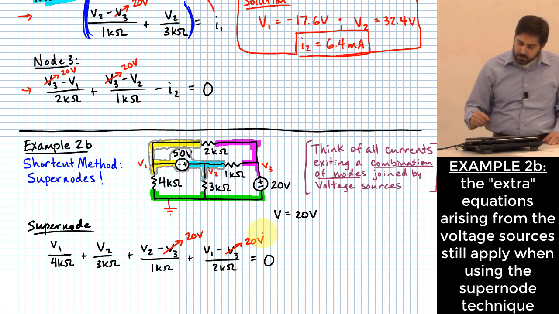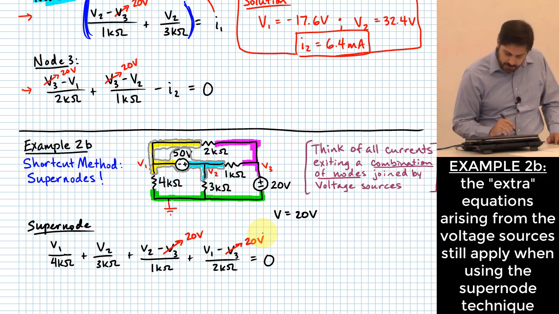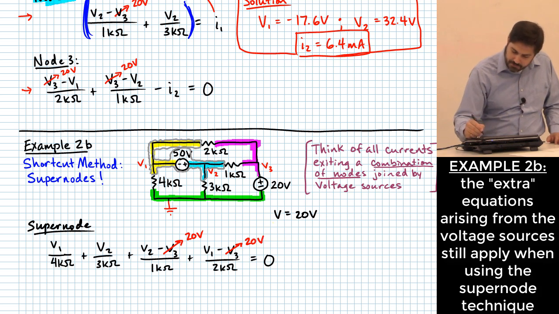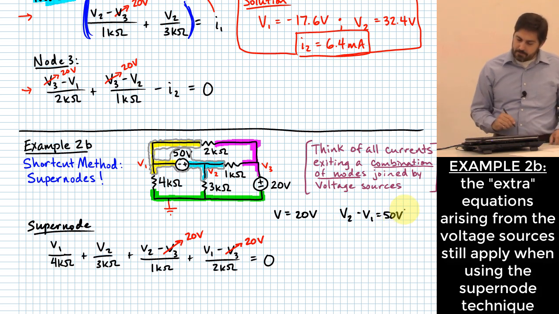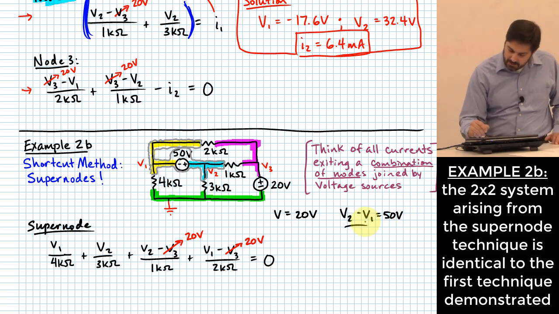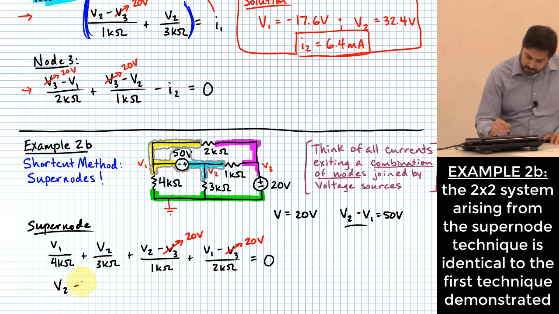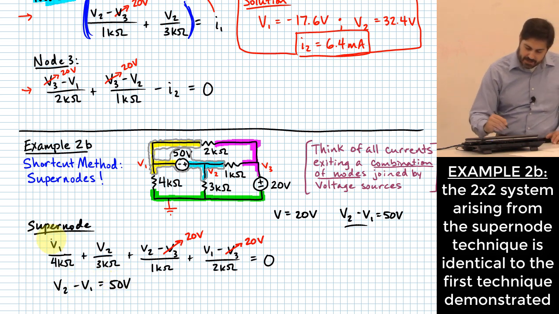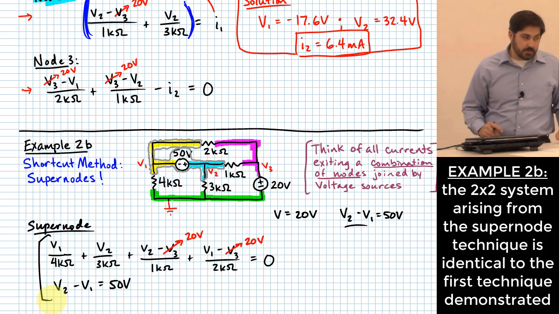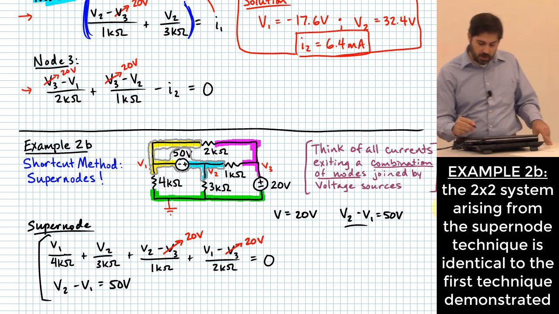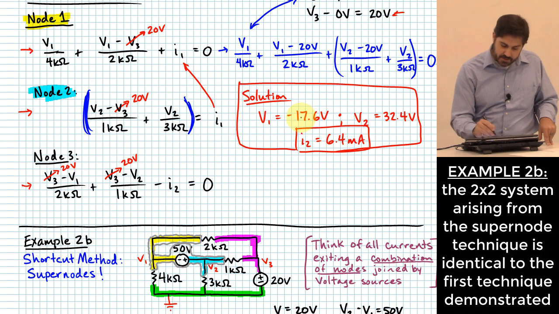What about my other equation that says V2 minus V1 is equal to 50 volts? Those are extra equations that I have. If I take that V2 minus V1 equals 50 volts and combine it with this one down here, that is the exact pair of equations that I solved up here to get that solution.